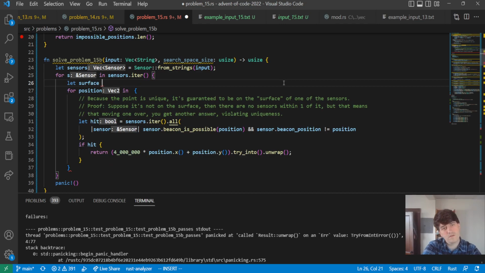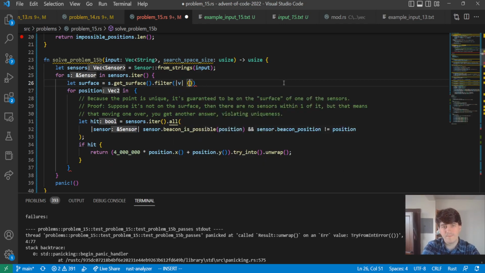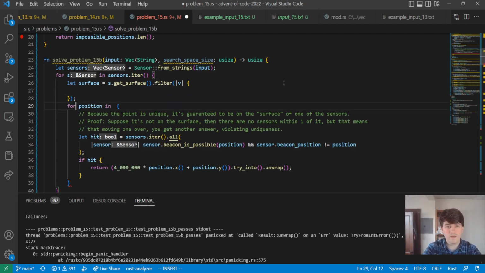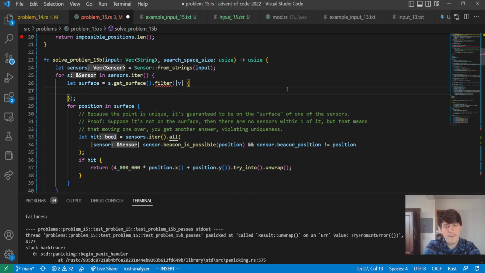Let surface be this, filter be, and then this will be surface. And in here, oh, and we'll need to collect. And I guess it's going to need to know what to collect it into. Actually, maybe don't have to collect. It can just be an iterator.